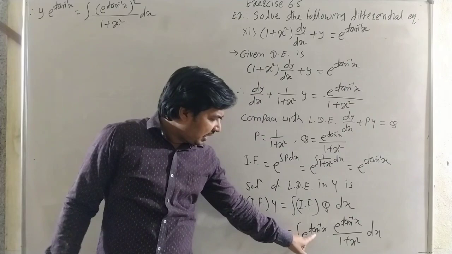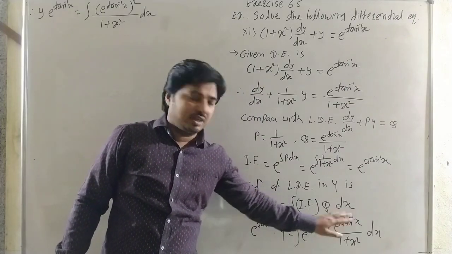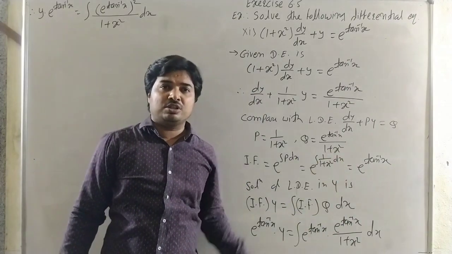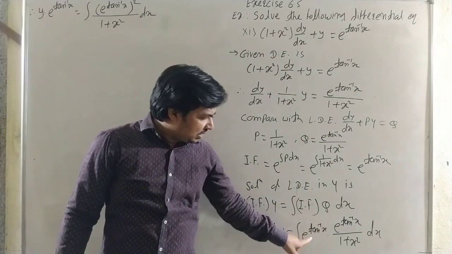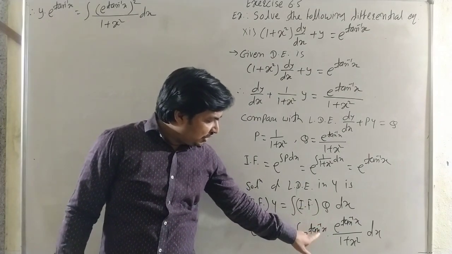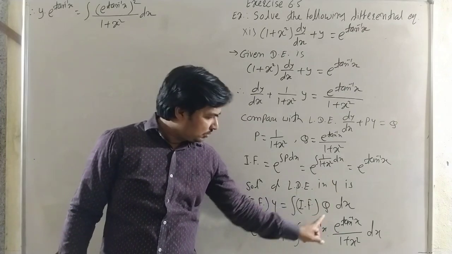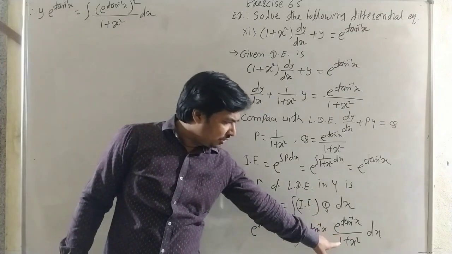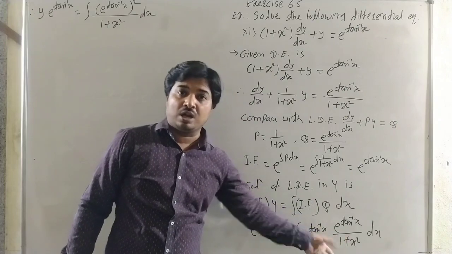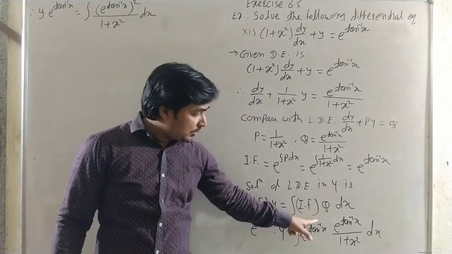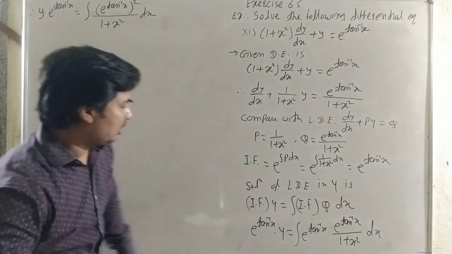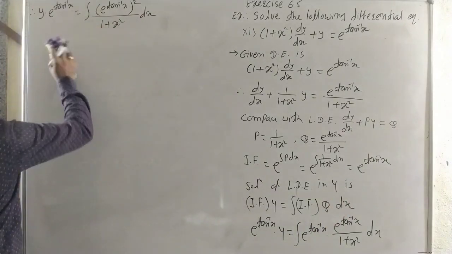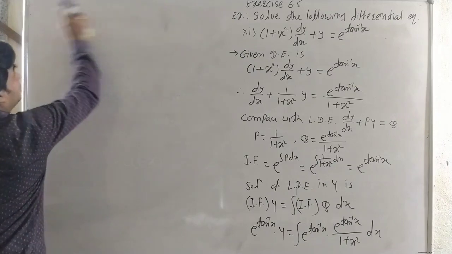It is e to the power tan inverse x into e to the power tan inverse x, it is the e to the power tan inverse x square, or directly by putting e to the power tan inverse x is equal to t. When we put it equal to t, we get only 1 upon 1 plus x square. But it is a derivative, so we cannot write in this form. We can directly substitute. Okay, see carefully.